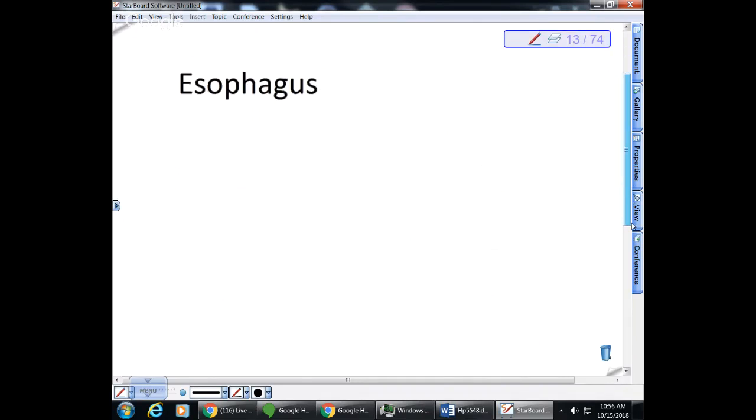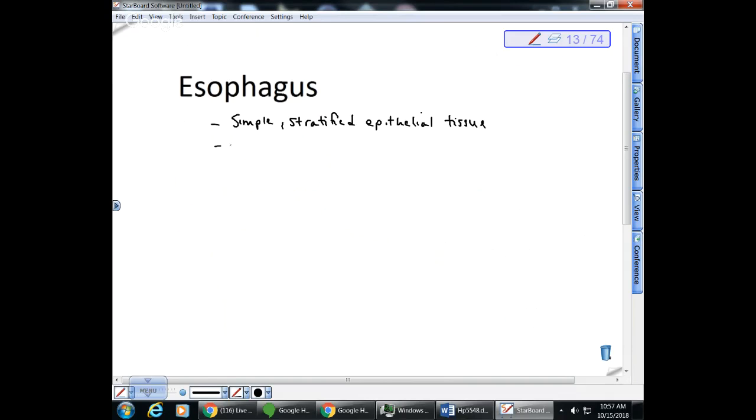So when we look at the esophagus, it actually transports food that could cause friction and could lead to bleeding. And so your esophagus is composed of stratified epithelial tissue, and this protects against abrasion.